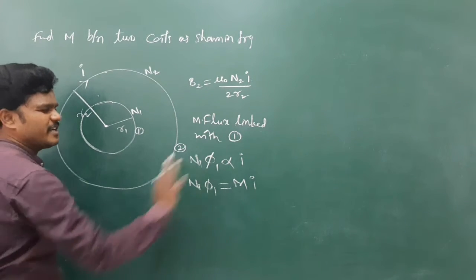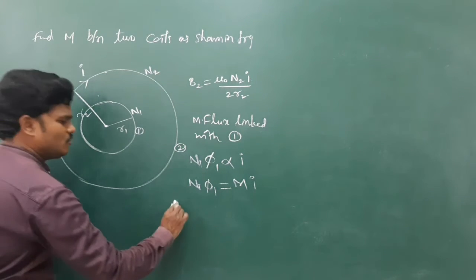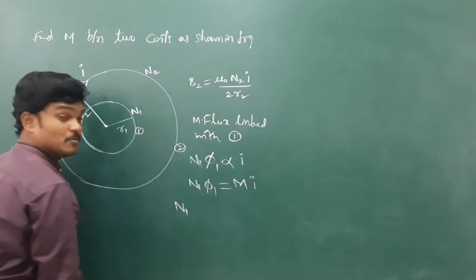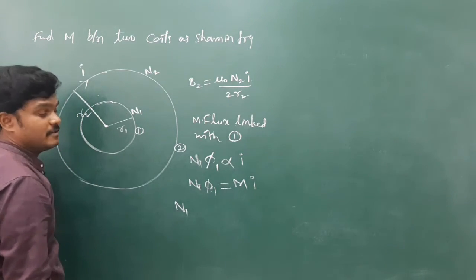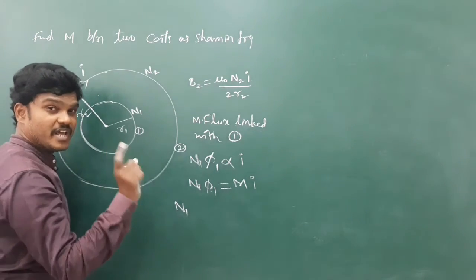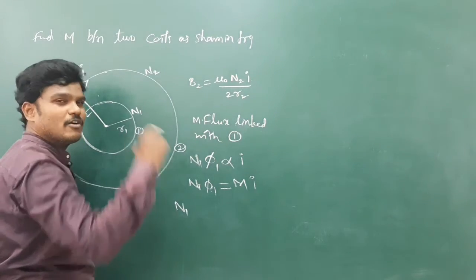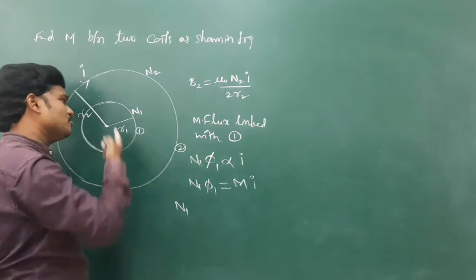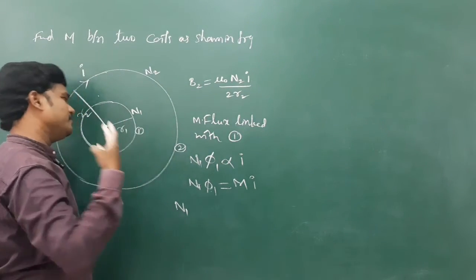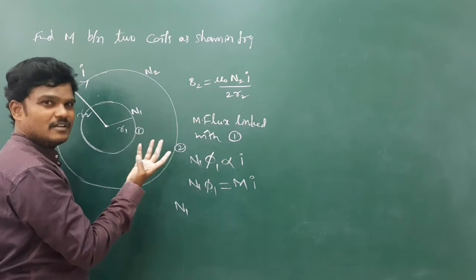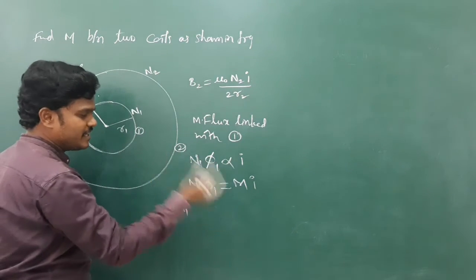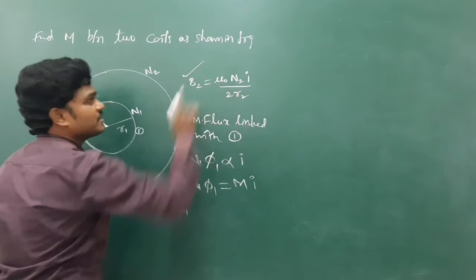So you can write M I equals N1 phi 1. What is phi 1? Phi 1 is the product B A cos theta. Field is into the board, area is into the board, angle between B and A is 0, parallel. So BA is enough. What is B? B is this much.